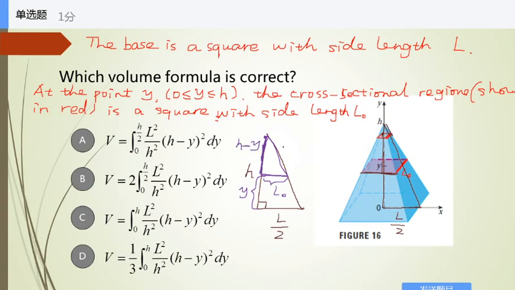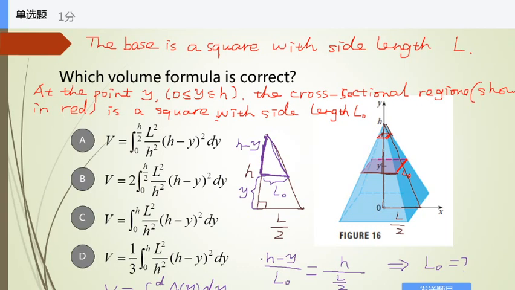Those purple and brown triangles are similar to each other, so you get a similar triangle formula: (h minus y) over L0 equals h over L/2. Then you can get the expression of L0, a function of y. Then you can evaluate the volume with the formula, the integral of A(y) dy.